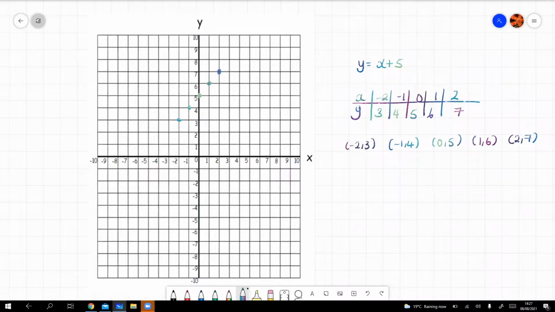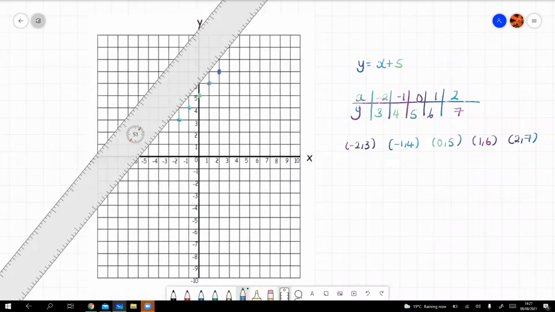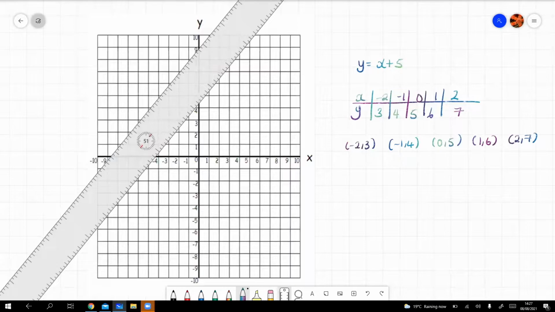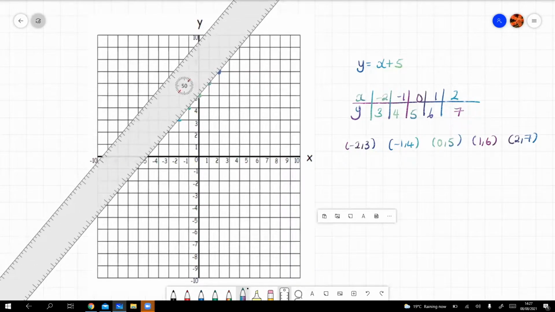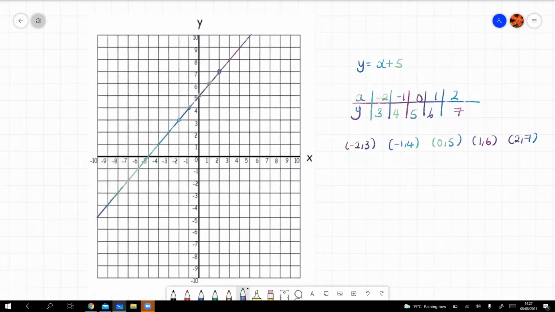And again, all I do is get my ruler and draw the line like that, and I write y equals x plus 5.